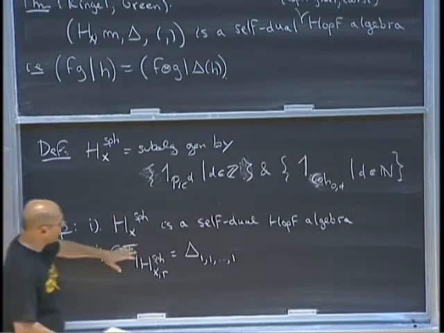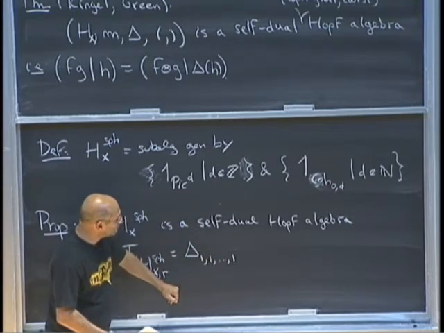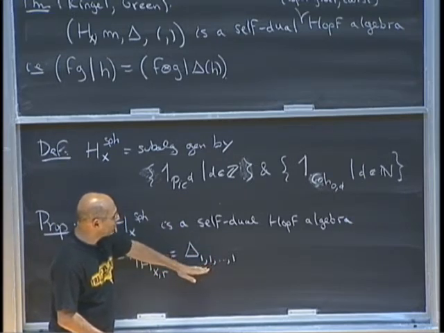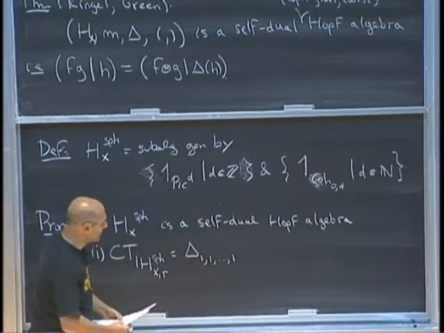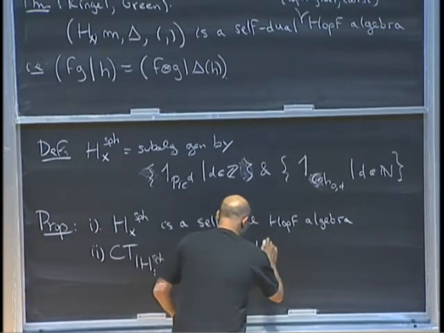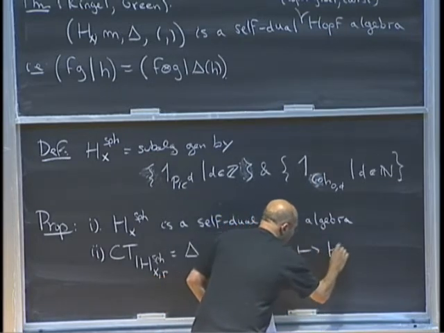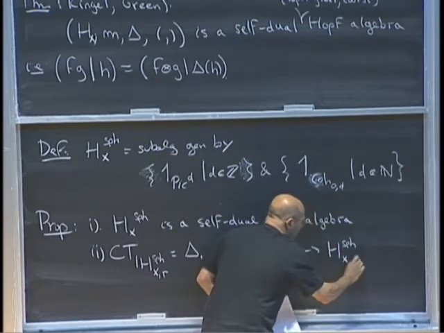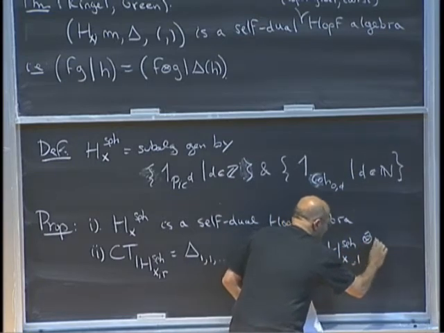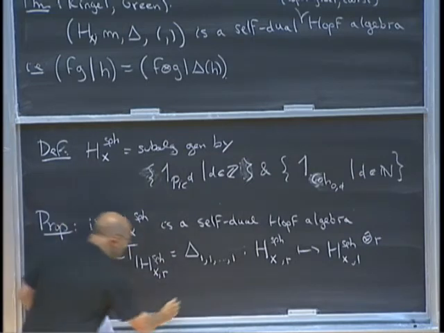Okay, so you take a rank r bundle, and you take the r-fold coproduct, and you just look at the component which lives in rank 1, 1, 1, 1. Okay, so this goes from H spherical of rank r to H spherical of rank 1, tensor product with itself r times. And the statement is that this is injective.